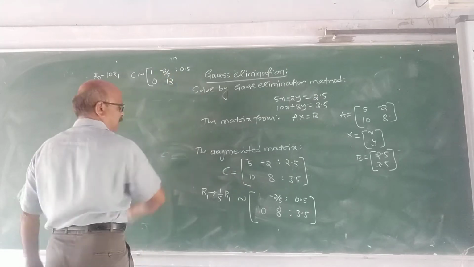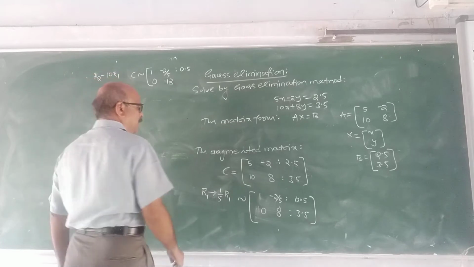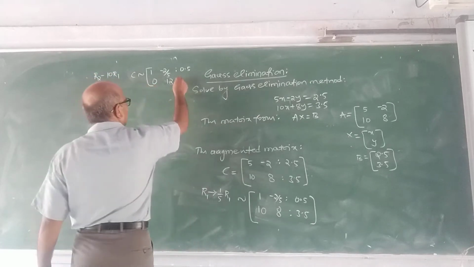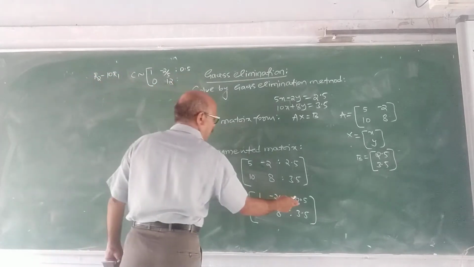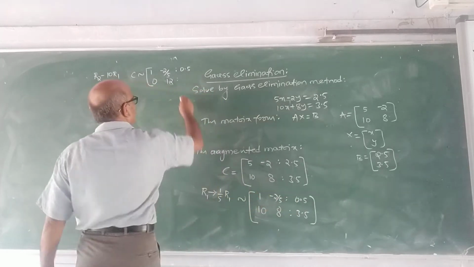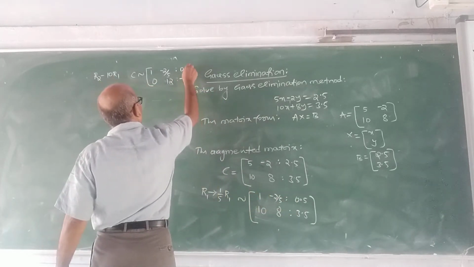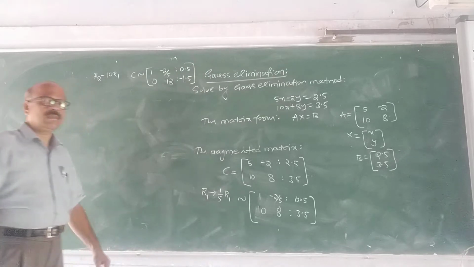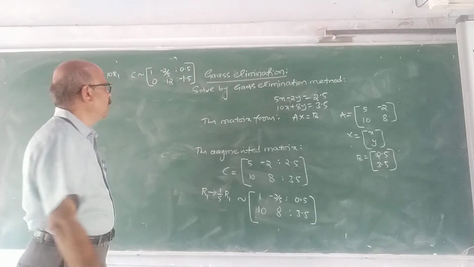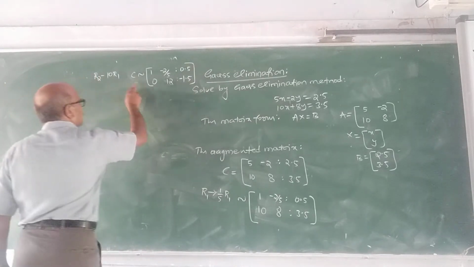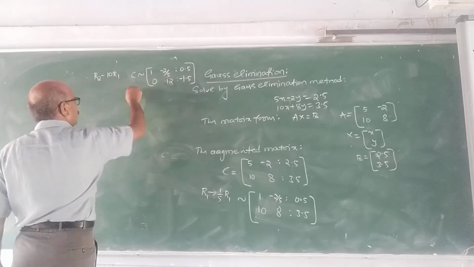Am I correct? 12 it is. And 3.5 minus 5, because 10 R1 is 5, so it is minus 1.5. This is R2 minus 10 R1. Now this is the triangular form.